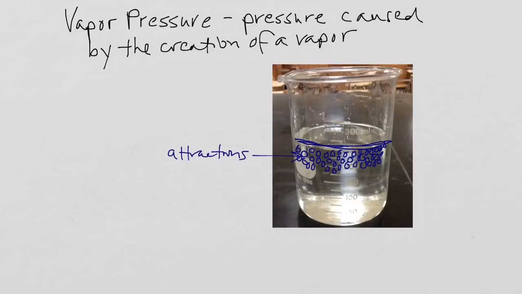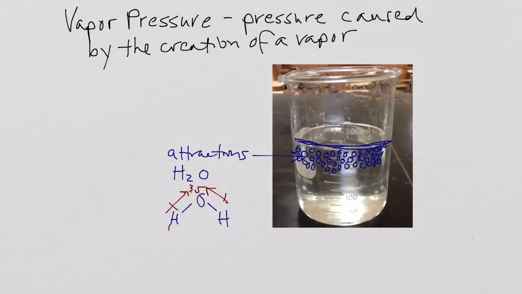And of course, what attractions are we talking about with water, which is H2O? Remember, water looks like that. We can form two dipoles going that way. Oxygen has an electronegativity of 3.5. That's very large in comparison to hydrogen.